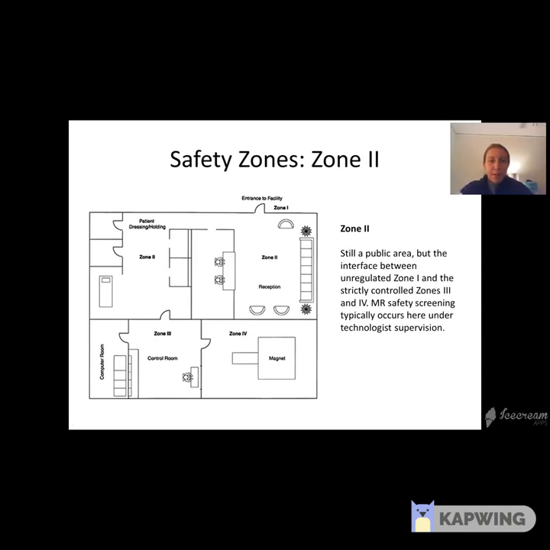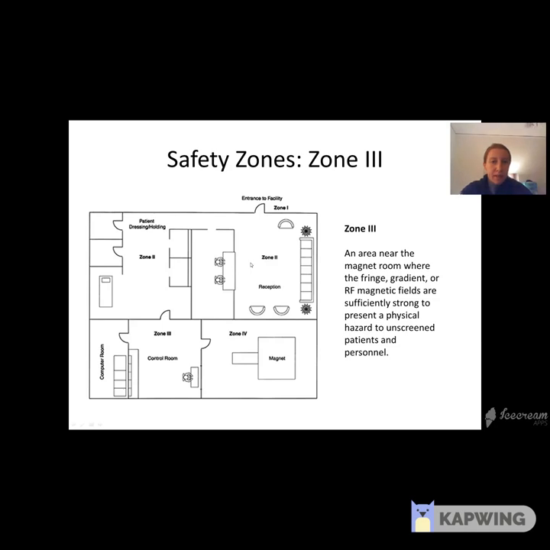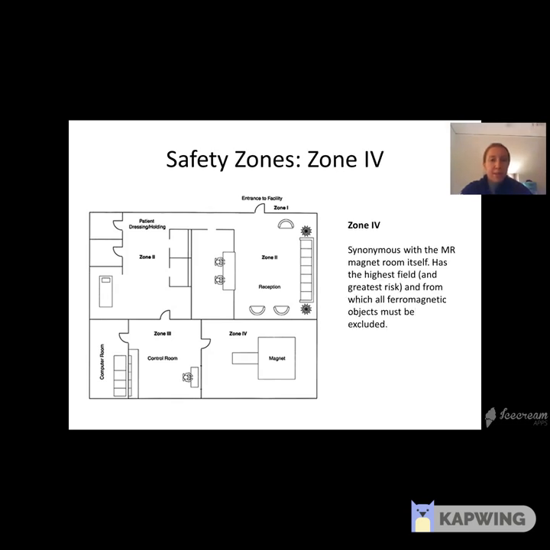Zone 2 is still a public area, but it's the interface between the unregulated Zone 1 and the strictly controlled Zones 3 and 4. So MR safety screenings typically occur here under the technologist's supervision. And then Zone 3, again, is the area near the magnet room where the fringe, gradient, or RF magnetic fields are sufficiently strong to present a physical hazard to unscreened patients or personnel.